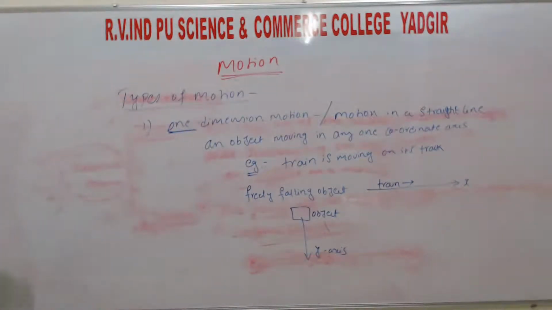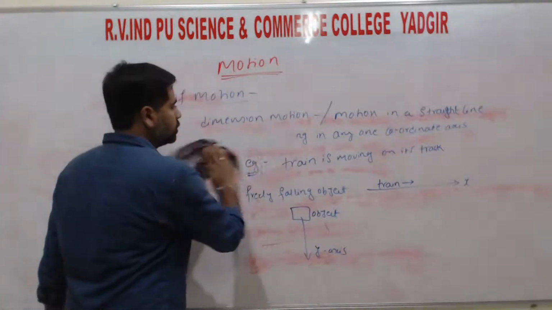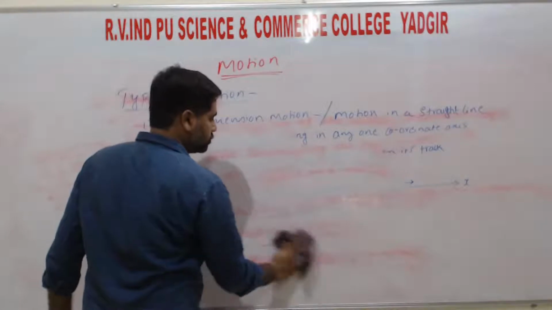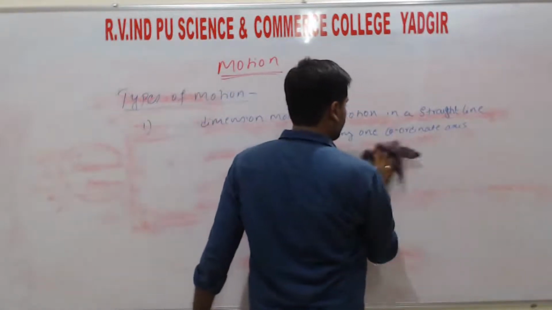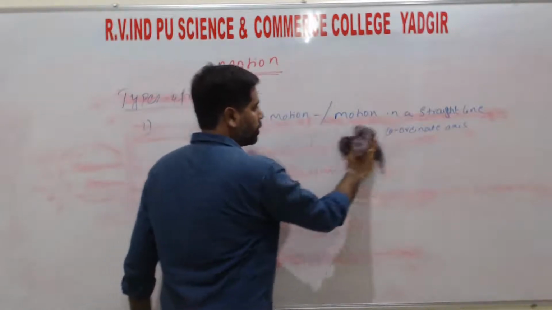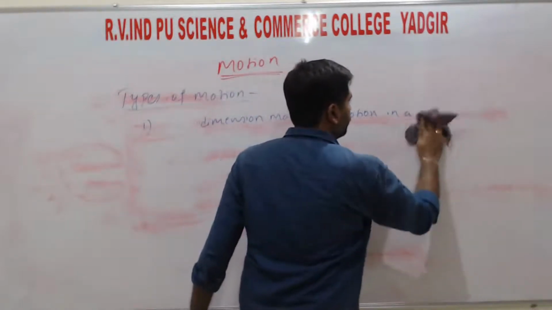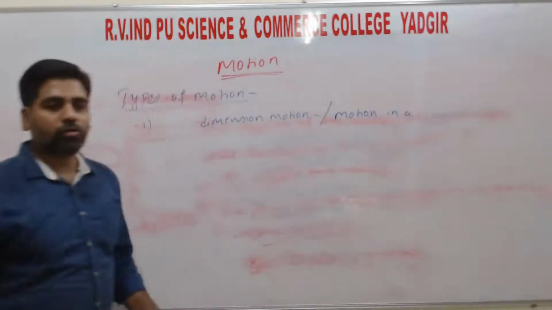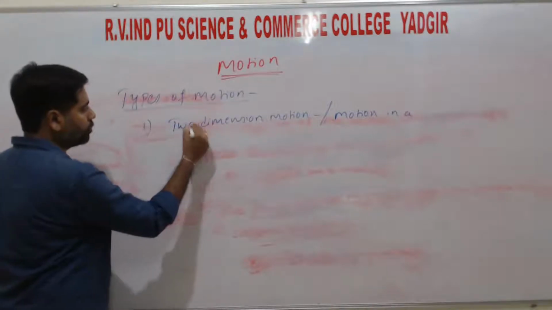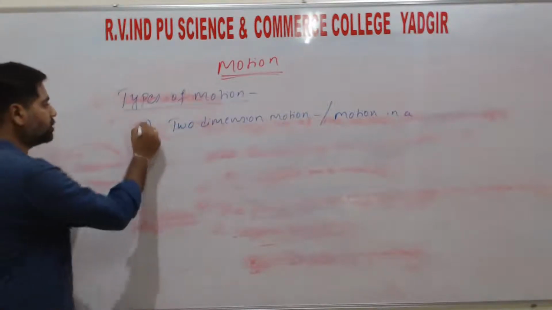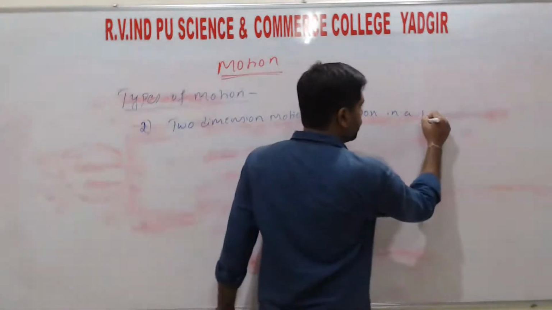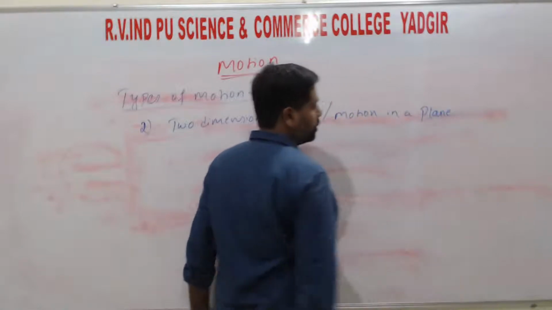So next one is two dimension motion. This is the second type of motion. Two dimension motion, or we call this motion in a plane. Right?